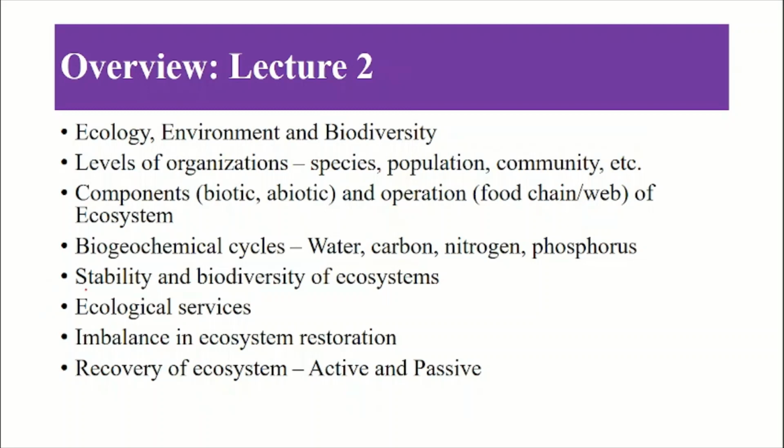But if an ecosystem, because of external disturbances, is not able to sustain itself, and even the disappearance of a single type of species causes its failure, then it's called a less diverse ecosystem. So a stable ecosystem basically has a diverse number of species of plants and animals, and a less diverse ecosystem will have a diminished amount of those organisms.